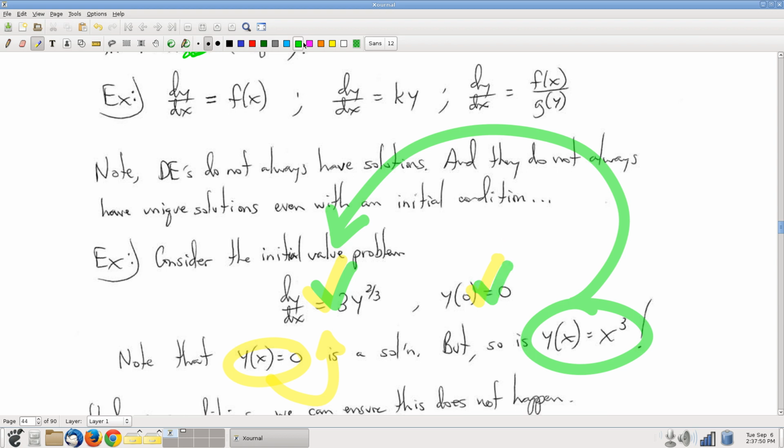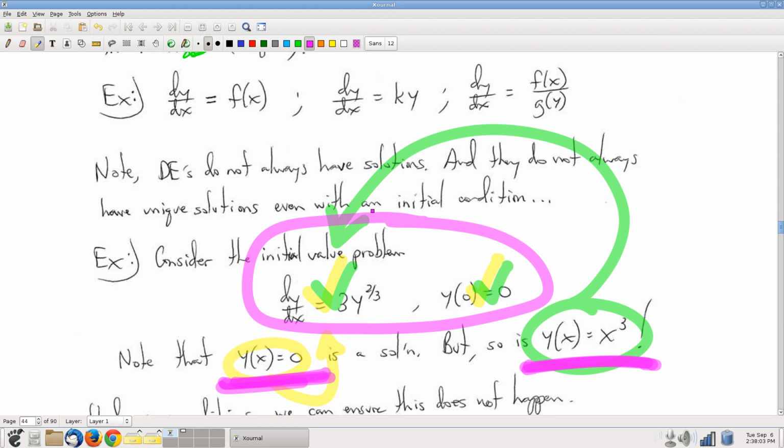So what we have, disturbingly, is two separate and different solutions to the same initial value problem. And this is the type of thing that you probably did not see in a single variable calculus course.